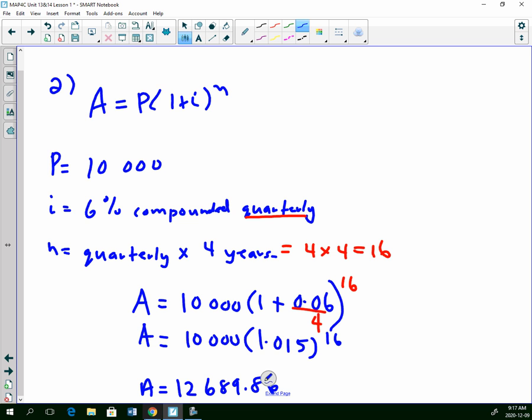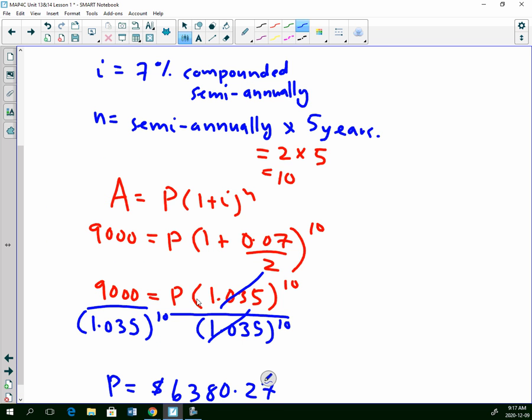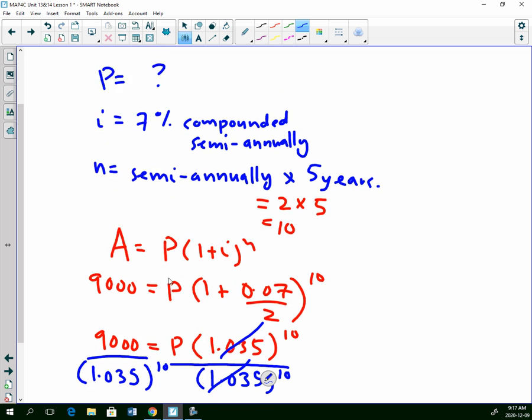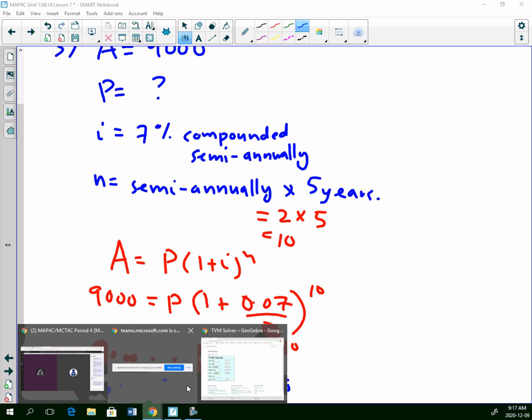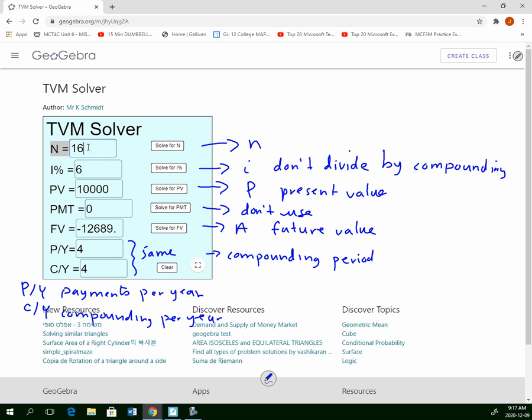If we do this one we wanted to find P. So it was 9,000 at 7% compounded semi-annually for 5 years. Okay, so semi-annually for 5 years, our N was 10. It was 7% interest rate.